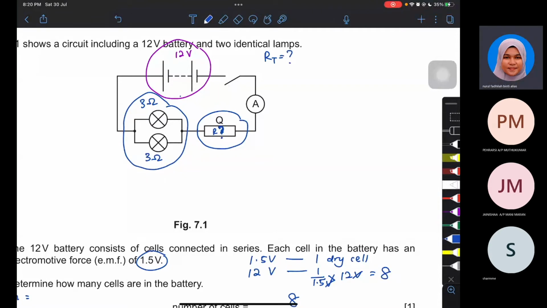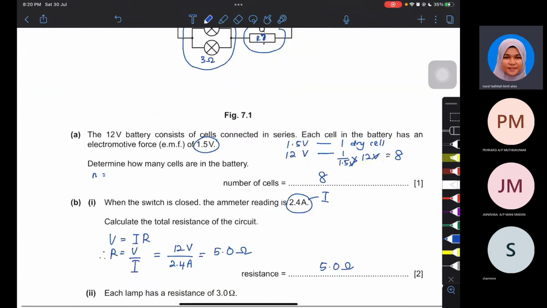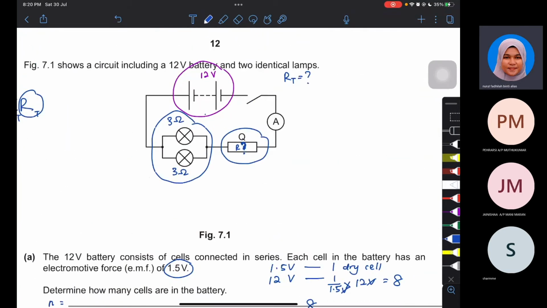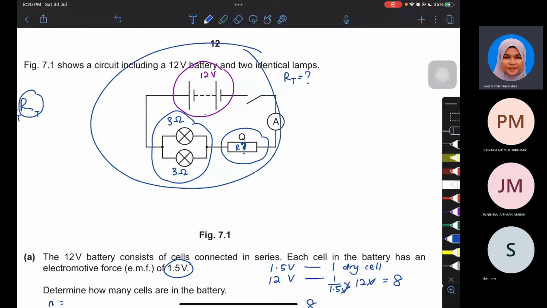Now, how can you get the total R? Okay, kat sini dah tanya dah sini. Total R. Jadi, you don't have to calculate anymore. So, now you know the total resistance for this whole circuit is 5 ohm. We have calculated that already. 5 ohm.